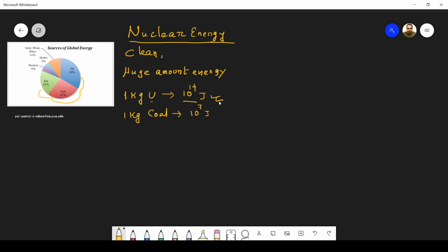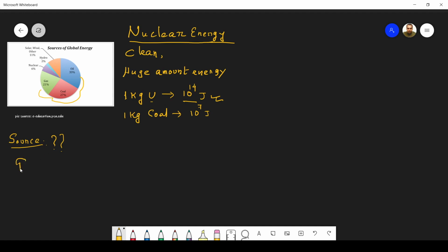Now one major question arises. How do we get this nuclear energy? What's the source of nuclear energy? In order to understand the source of nuclear energy, there is a phenomenon called nuclear fission.